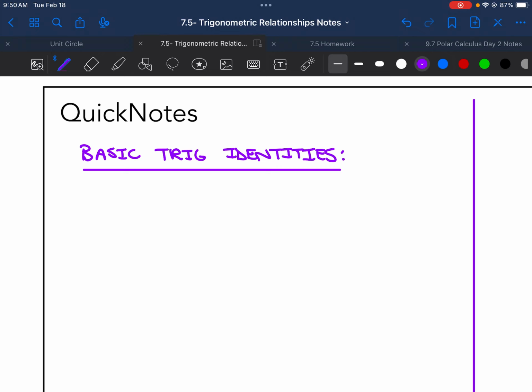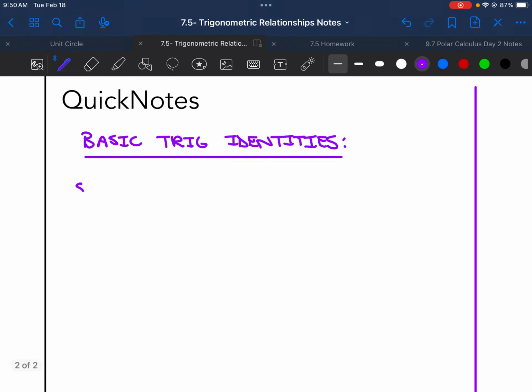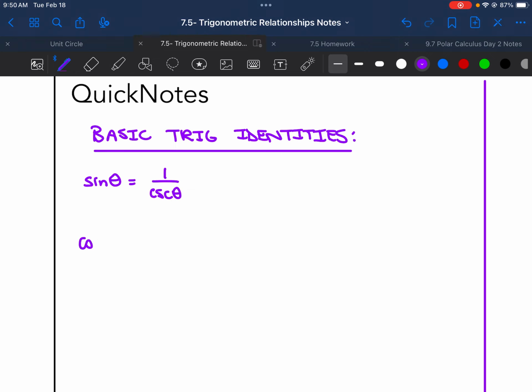So, for example, another way that we can write sine, since we know that sine's reciprocal is cosecant, sine of theta can also be rewritten as 1 over cosecant of theta. Cosine, since we know cosine is secant's reciprocal, cosine of theta can be rewritten as 1 over secant of theta.